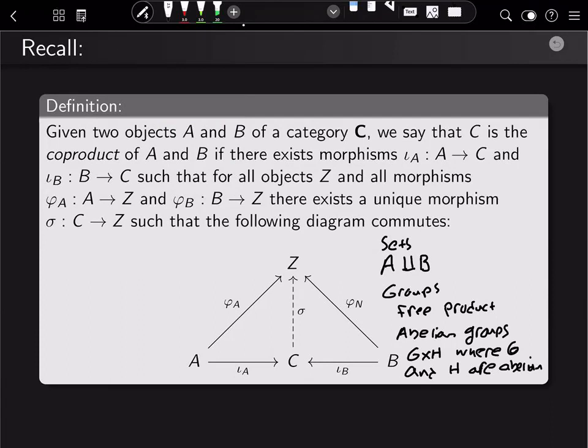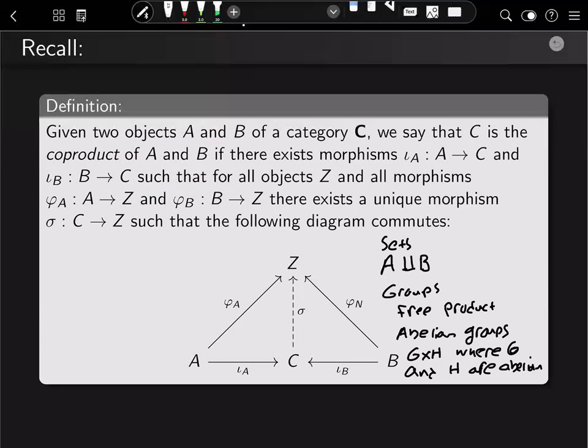So the Cartesian product satisfies the categorical definition of product for both groups and abelian groups, but the Cartesian product with this extra structure also satisfies the coproduct definition for abelian groups.